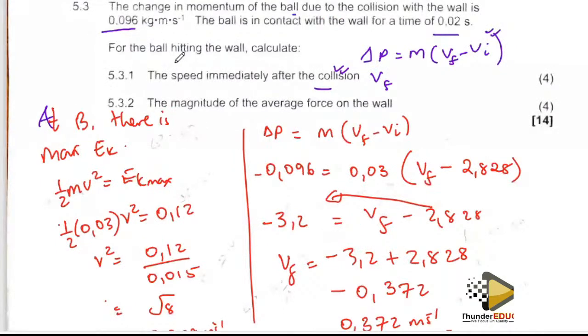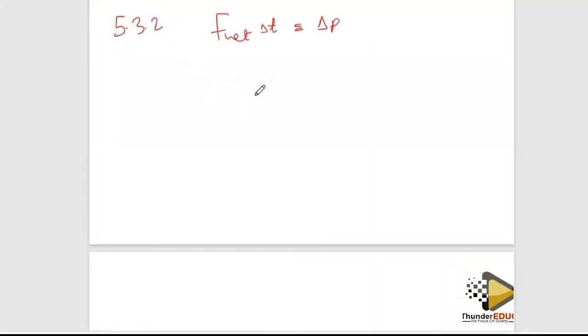Okay, we know that F net times delta T must give us delta P, change in momentum. In this case, the question is asking for the magnitude of the average force. So since we already have our change in momentum, which is 0,096, this is F net multiplied by the time, which they told us was 0,02 seconds.